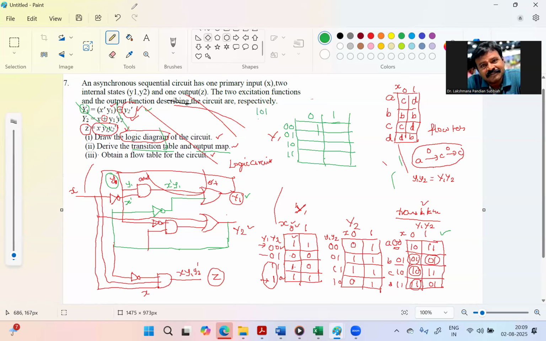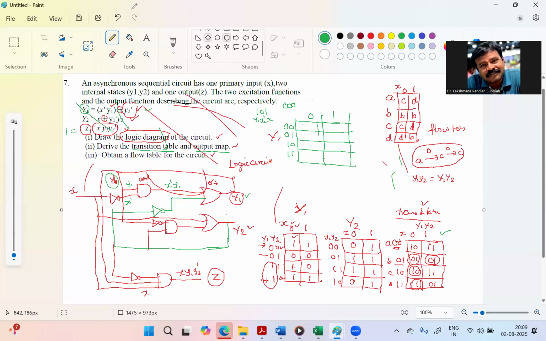This is y1 y2 dash x. So y1 is 1, y2 dash is 0, and x is 1, right? So for that case only z is 1. All other cases are 0, right? So for three zeros, we are having 0 0 0, right? So all are 0 0, the z is 0.